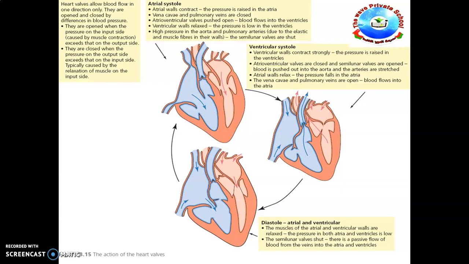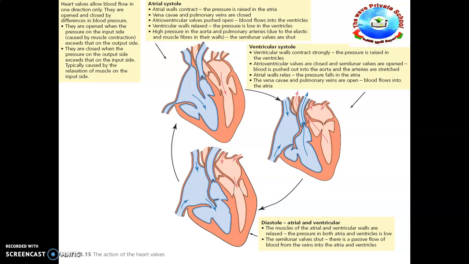When the muscular walls of the chambers of the heart contract, the volume of the chambers decreases. So this increases the pressure on the blood contained there. This forces the blood to a region where the pressure is lower.